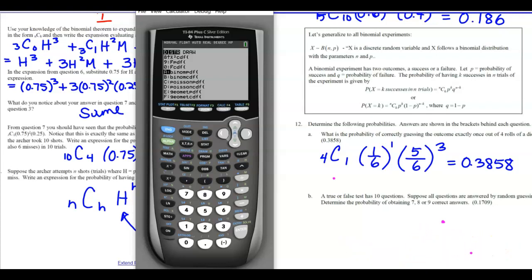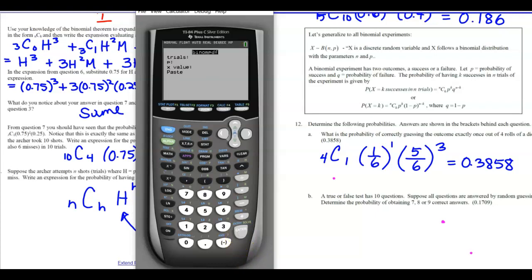If we have a question where it's exactly once, or exactly 2 times, or exactly 3 times, we use the PDF. I'm not quite sure what the P means, but the C is cumulative. Maybe it just means probability distribution function for one value. In any case, press enter on that.